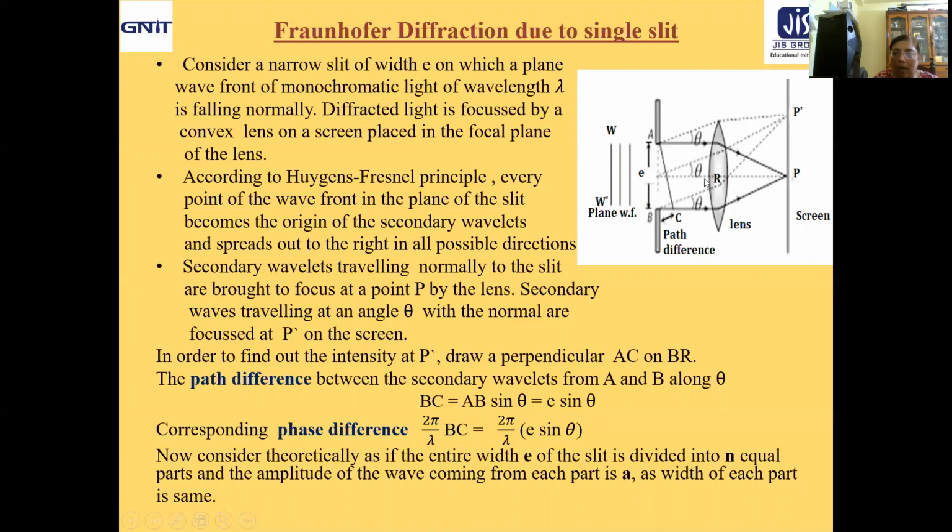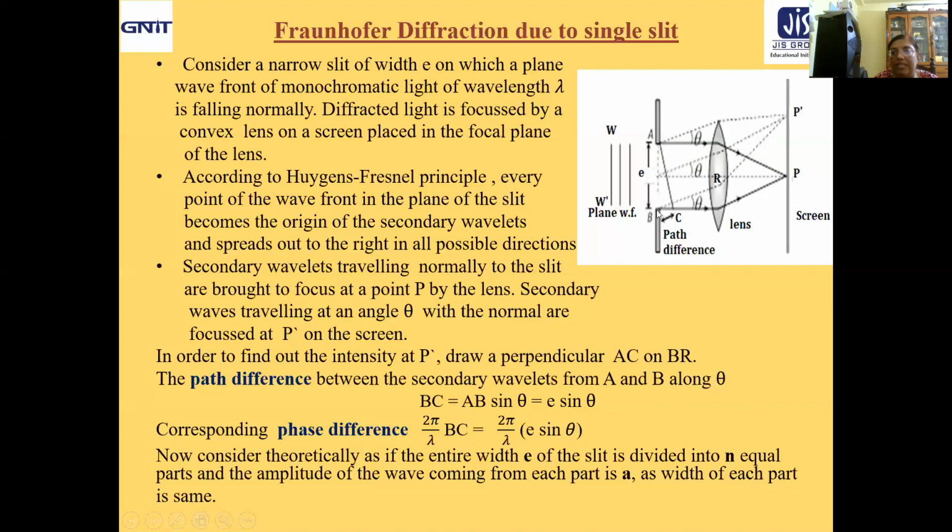Clear? Now, in order to find out the path difference, as I already mentioned, we will drop a normal on BR at some point. So, what about the corresponding path difference from this plane onwards? From this plane onwards, the paths are the same. So, to reach this plane, what about the path difference?